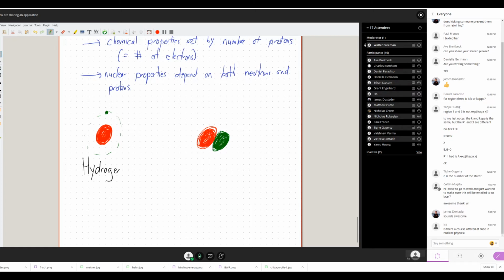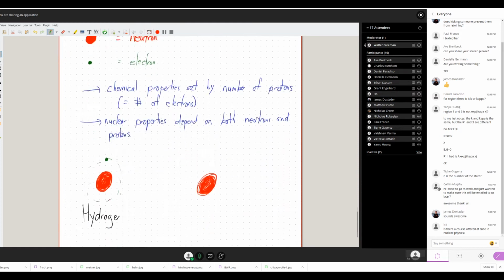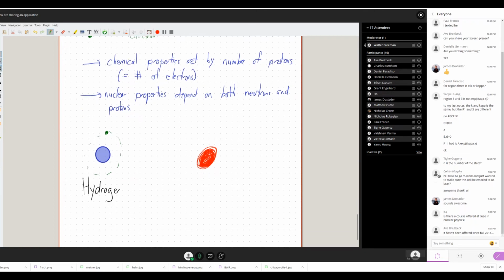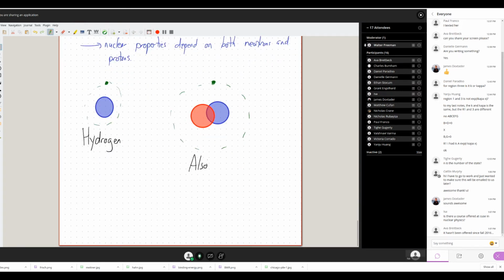Whoops, neutrons are blue. I got the colors wrong. We can do this. So there's a proton, here's a neutron, and an electron going around it. This is also hydrogen.